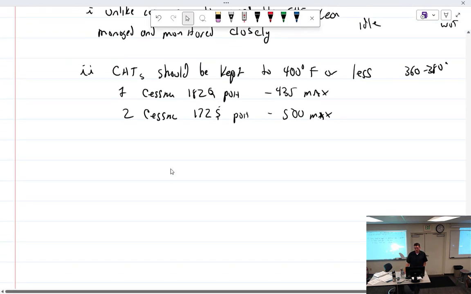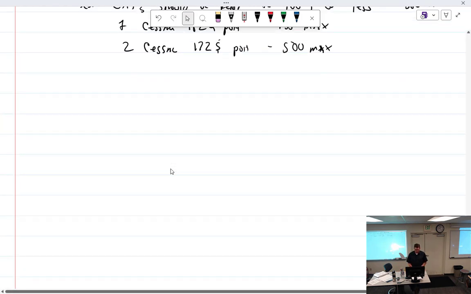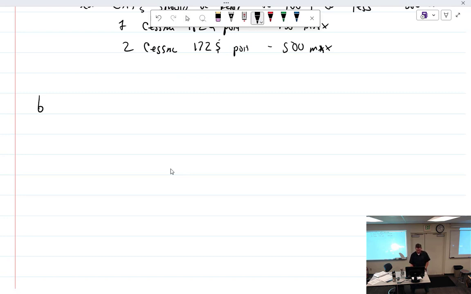But where we start getting into engine management is where we start getting into exhaust gas temperature. And this is where things can get either confusing or like, oh, wow, that's cool. Exhaust gas temps, or EGT, exhaust gas temperature.